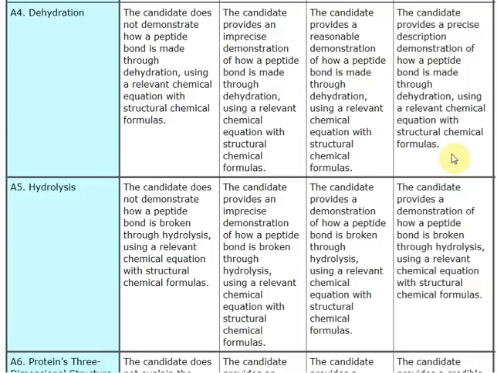And dehydration and hydrolysis of the peptide bond is a specific type of dehydration and hydrolysis. So you want to make sure that your equation is showing how the peptide bond is made and broken, not just a generic dehydration and hydrolysis reaction.